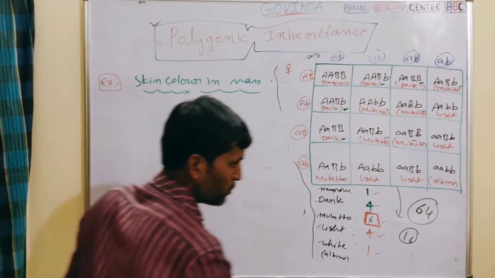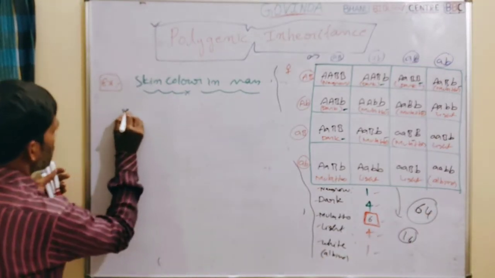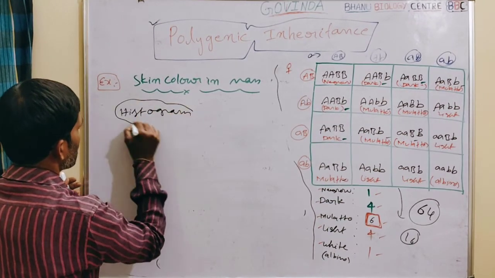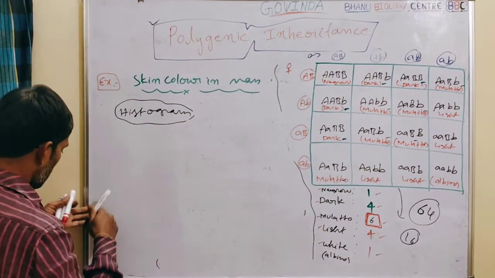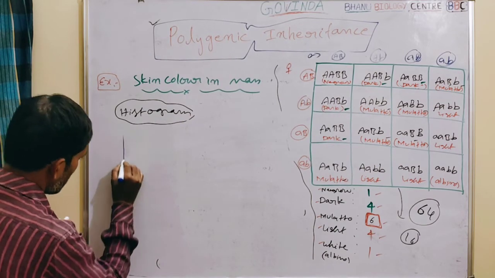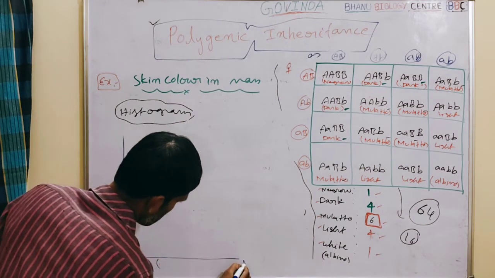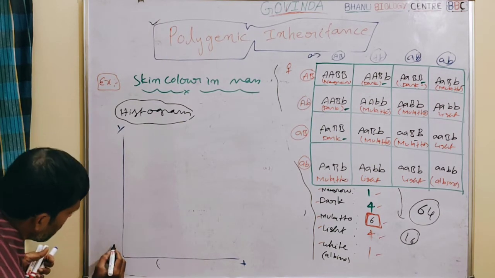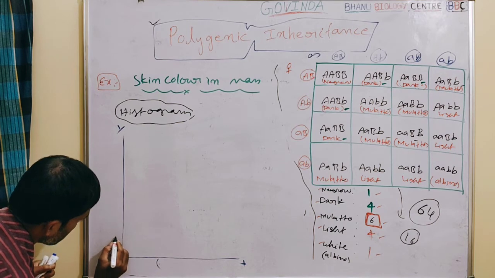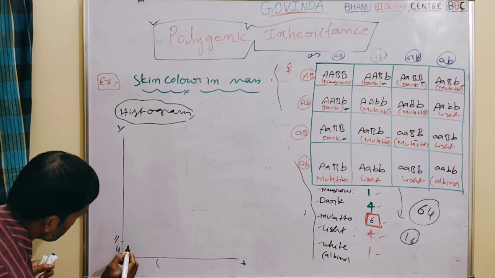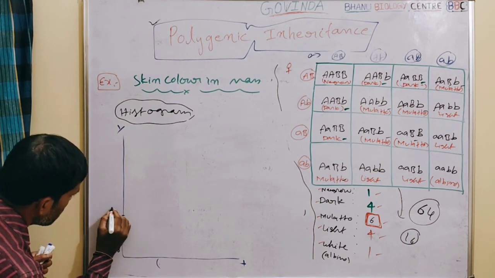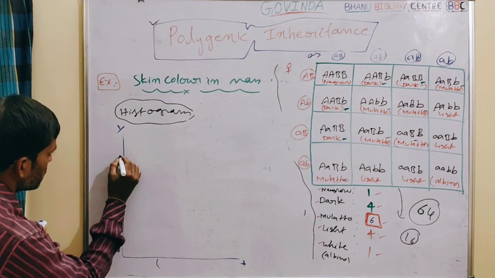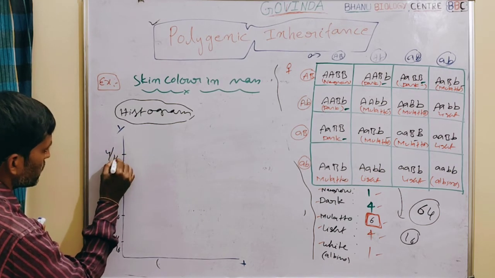Now I give you the histogram for this data. This is the y-axis. This is the x-axis. On the y-axis, I take values like 1 by 16, here 2 by 16, here 3 by 16, here 4 by 16.